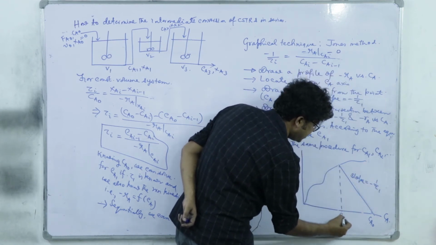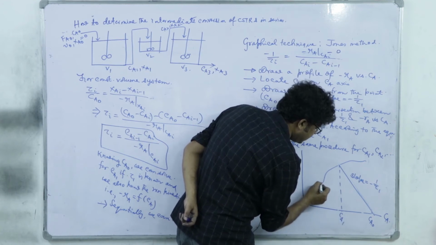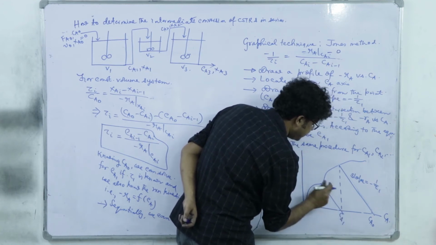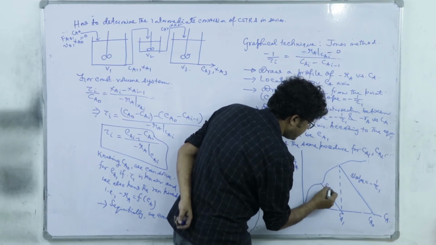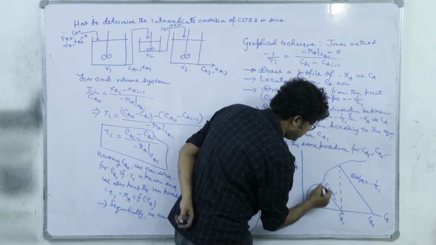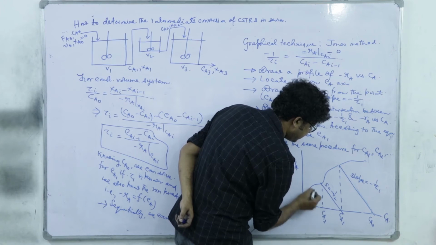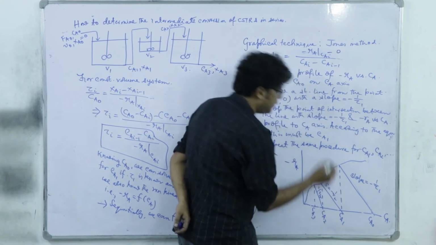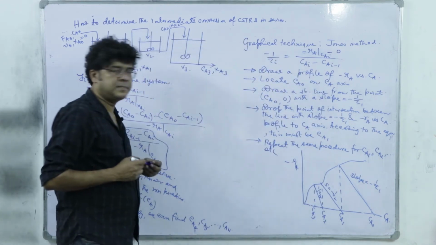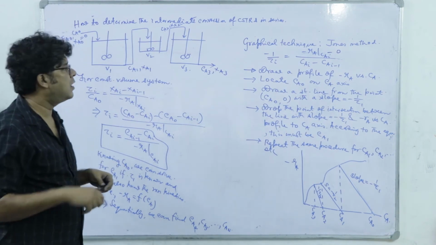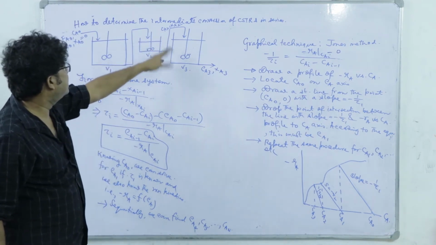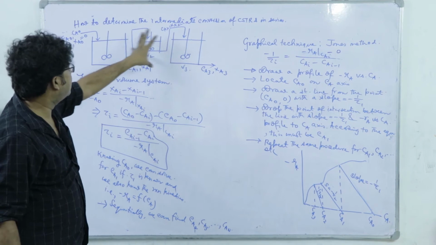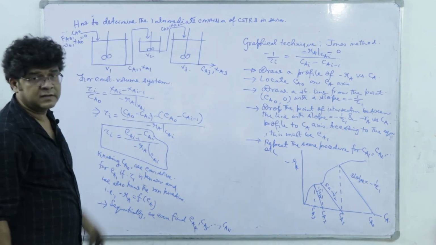Drop it here, this will be Ca1. Draw another straight line with a slope minus of 1 by tau 2. Drop it here, you will get Ca2. Draw it for tau 3 and you will get Ca3. So this is called Jones method, right, which is a method of finding the conversion if we have connected 3 different CSTRs in series.